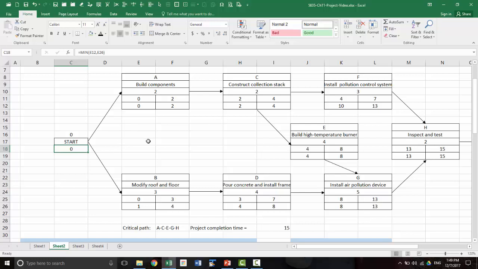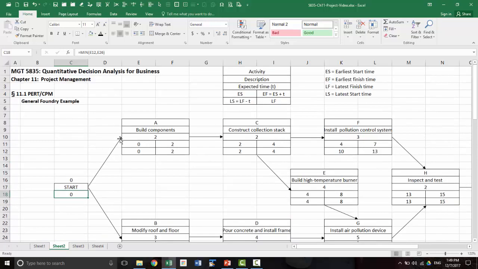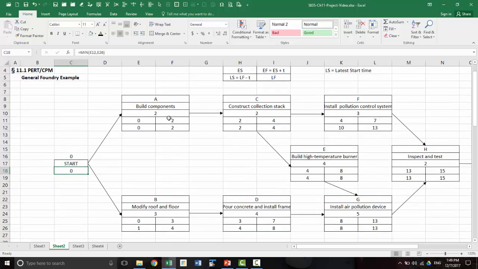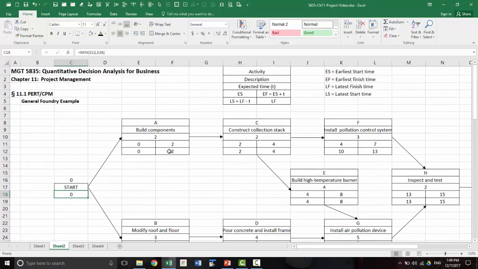Okay, now we have the earliest start and earliest finish time, latest start and latest finish time, and as you see, there are some activities for which they are the same and for some they are not. For those that are the same, the earliest time is the same as the latest time. We don't have any cushion. There is no slack.